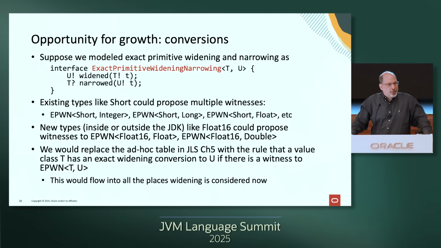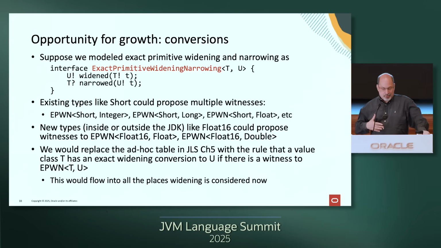And then types like short can say, I've got a witness to that horribly named interface relating short to integer and short to long and short to float. And new types, whether they're in the JDK or not, could also witness exact primitive widening narrowing, like float16 to float and float16 to double.